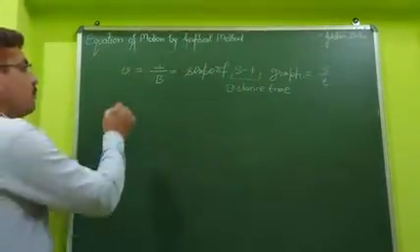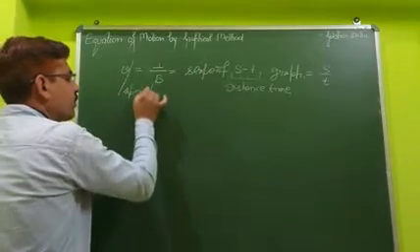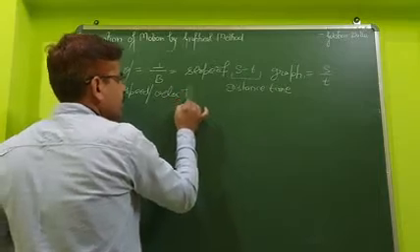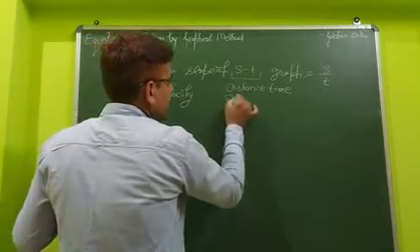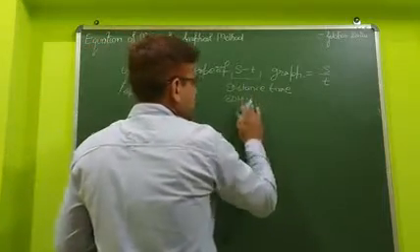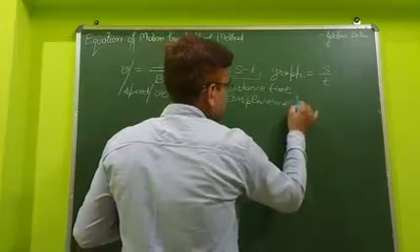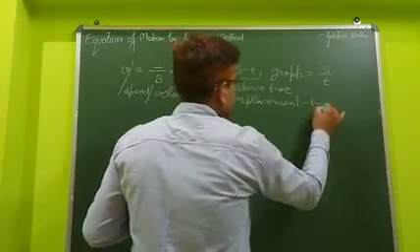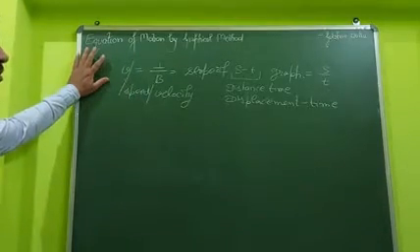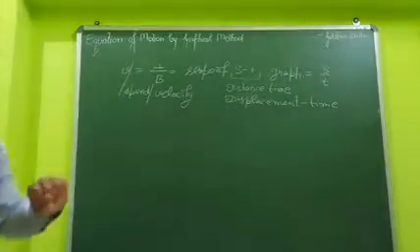Whether we go for speed or for velocity, the formula remains the same. The only difference is that either we have to write distance or we have to write displacement. So this is the simple way to find the velocity from the graph. It is nothing but perpendicular over base.